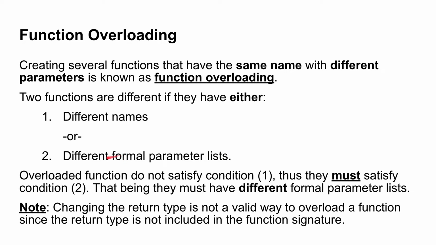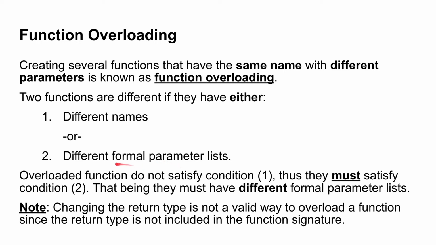Two functions can have the same formal parameter lists, but they have to have different names if you want it to work. But when we're function overloading, this first rule is not going to be satisfiable because they won't have different names. They'll have the same names. So it's going to have to follow the second rule where we have different formal parameter lists for our functions.